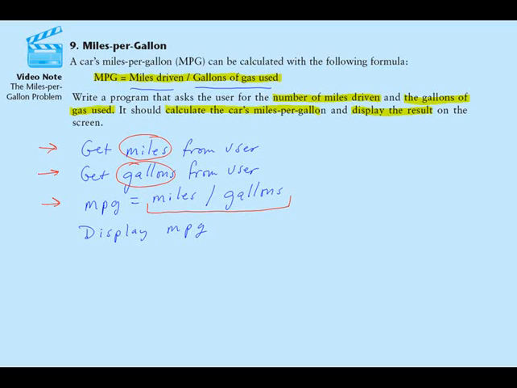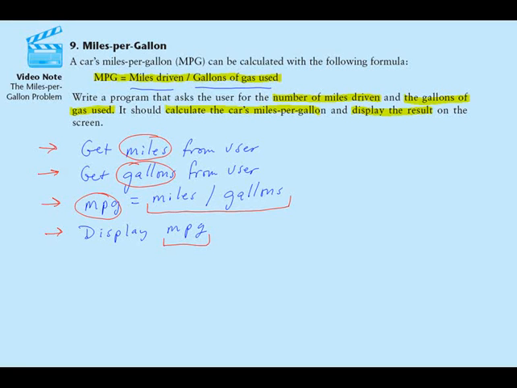So what are we going to do with that result? Well, we're going to store the result in another variable, MPG. And then the last step is to display MPG. We don't need any extra variables for that because we're using one that we know we need already.